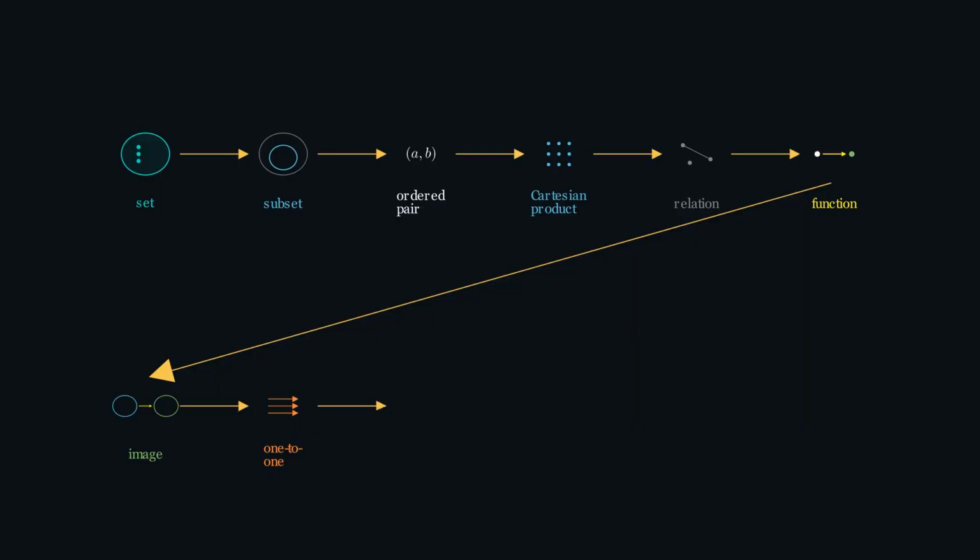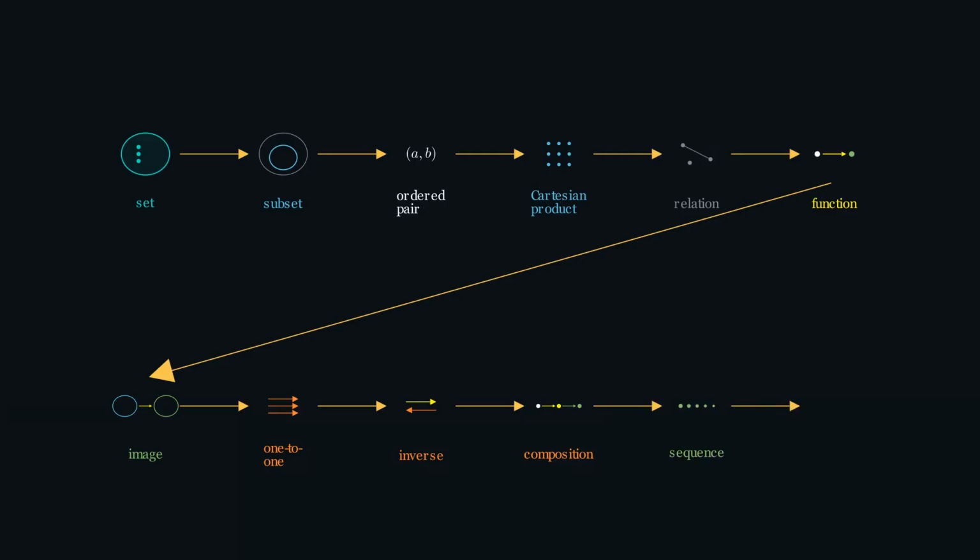That gave us the one-to-one property, injective functions, where different inputs always produce different outputs. These are the functions that can be reversed, and reversing led us to the converse of a relation and the inverse of a function. We learned to combine functions through composition, feeding the output of one into the input of another. Composition is not commutative, but it is associative.